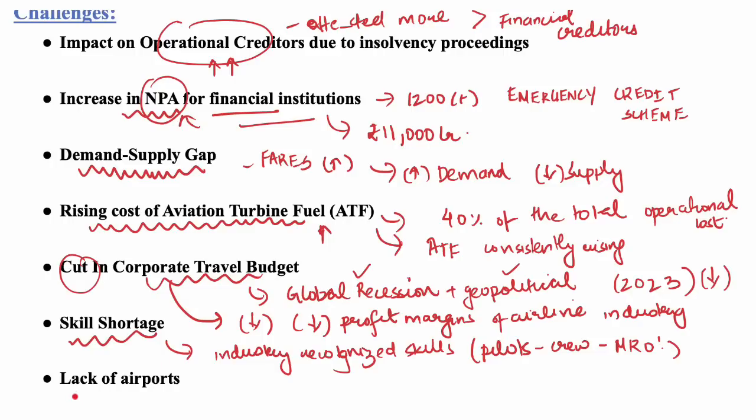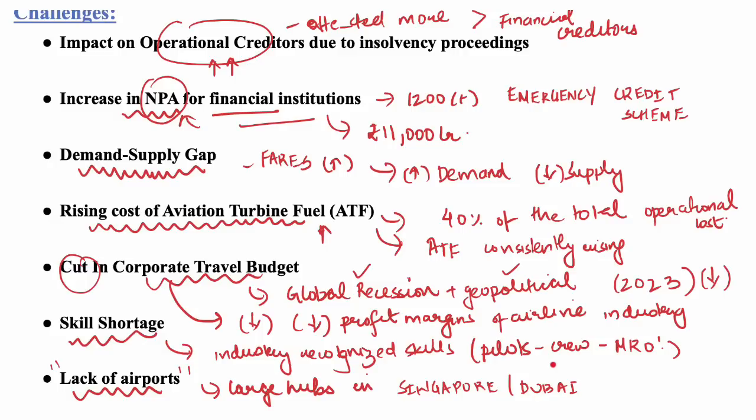The last challenge that the airline industry in India faces is the lack of big airports, like the large hubs in Singapore or Dubai. And this inhibits airlines from India from becoming a truly global network carrier. So these are the challenges that the bankruptcy of Go First Airlines and the airline industry in particular face.